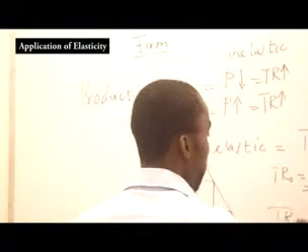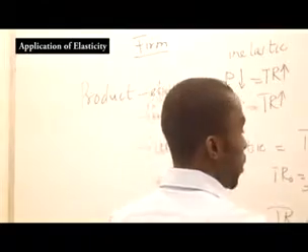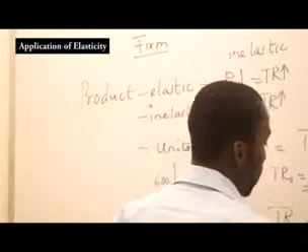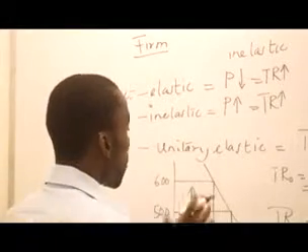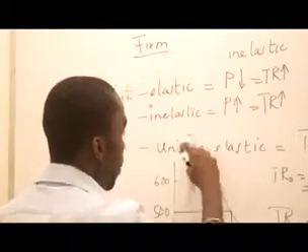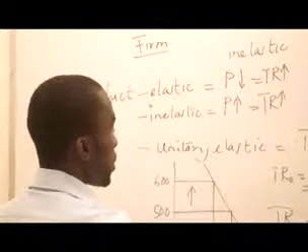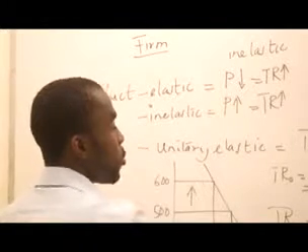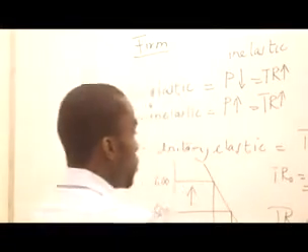And then your new total revenue with the price increase is now 600 multiplied by 10, which is the same 6,000. So whether you increase the price or you decrease the price, because the elasticity is unitary, you would end up getting the same total revenue.